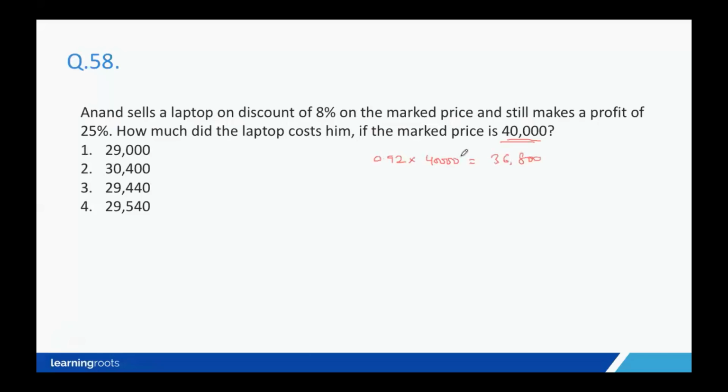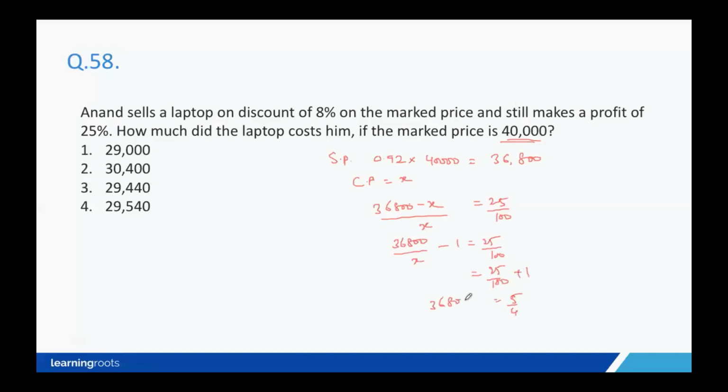So 36,800 is the selling price, but he still makes a profit of 25% on this. So let the cost price be x. So (36,800 minus x) by x will be equal to 25 by 100. Solving for this, 36,800 by x minus 1 is 25 by 100. 25 by 100 plus 1 is 125 by 100, which is 5 by 4.